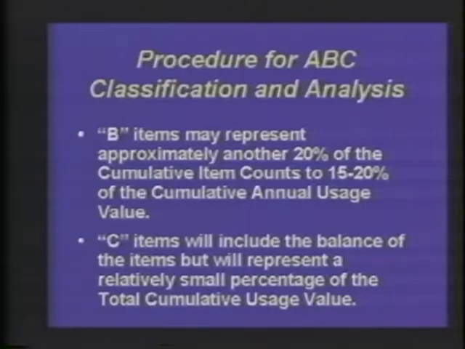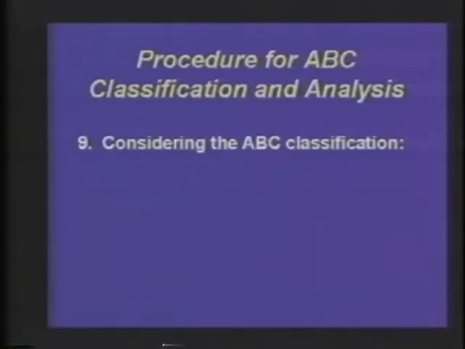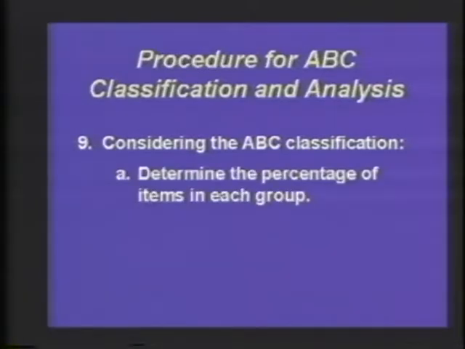Now if you turn to 16B, there is item number 9, or step 9, which is considering the ABC classification. And here's where we actually do the identification, which is really that third exhibit that you filled out, the first 3 lines. What are the A's, what are the B's, and what are the C's in terms of percentages of item, percentages of cumulative annual usage value, and percentage of total cost relative to annual usage value.